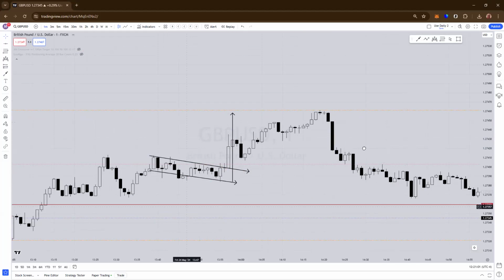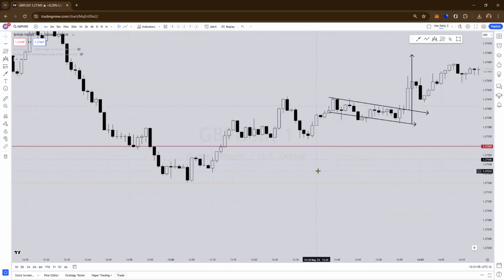Now let's continue our journey and see if we see a double bottom. Okay, this could be considered a double bottom here. One, the bottom, two.